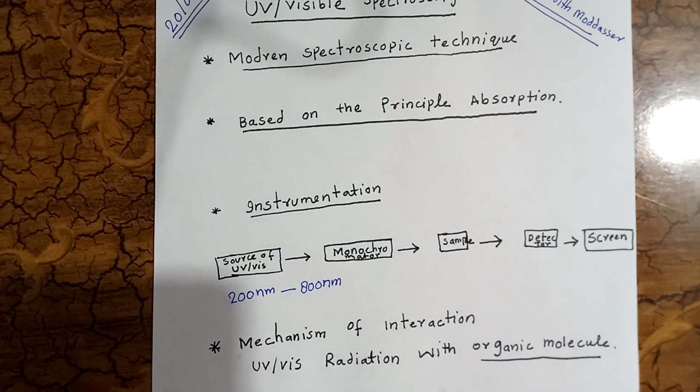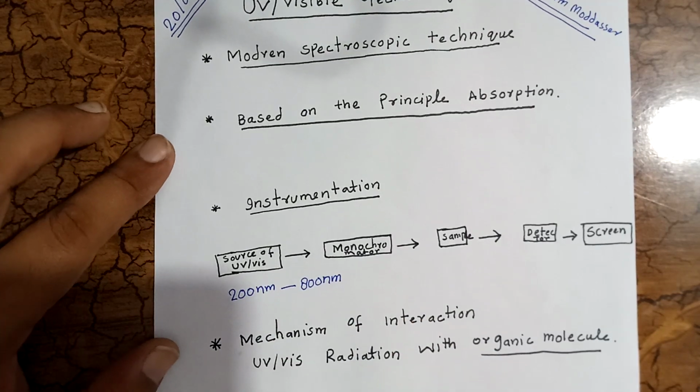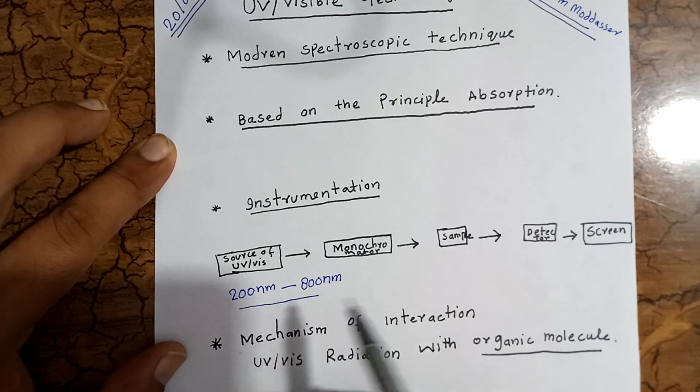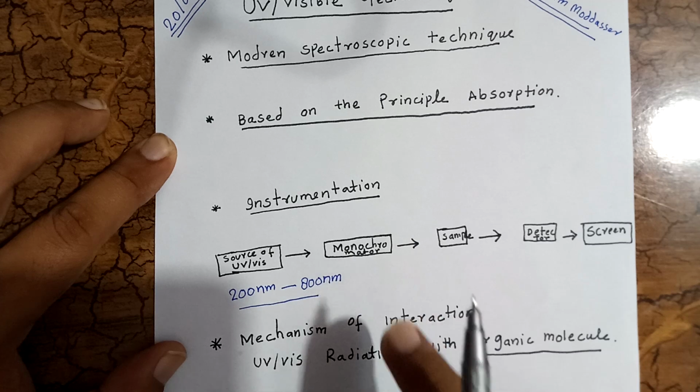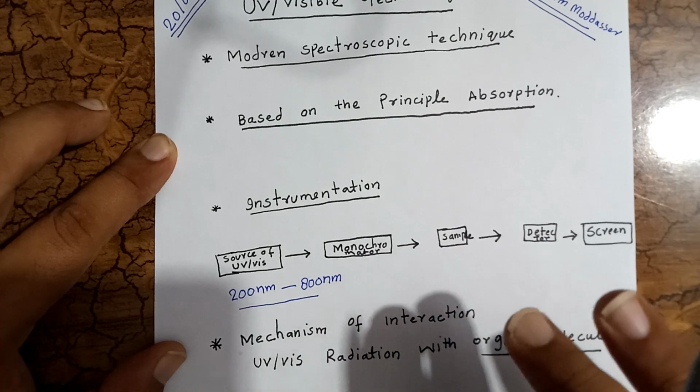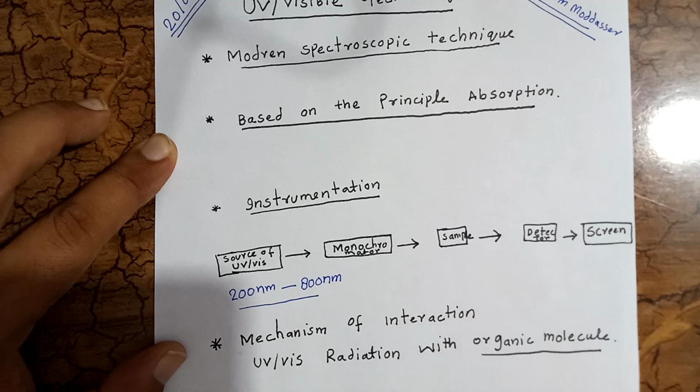From 200 to 400 is the UV light, and the visible light is from 400 nanometer to 800 nanometer. This is the whole range, so the monochromator is used to split that polychromatic light into monochromatic light, a light of a single wavelength.